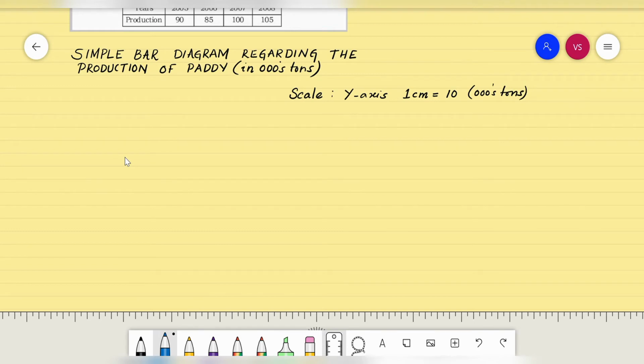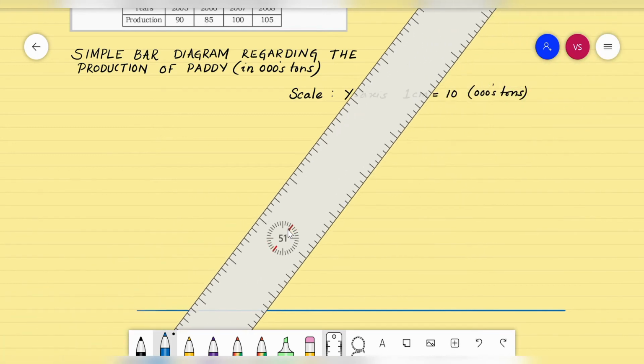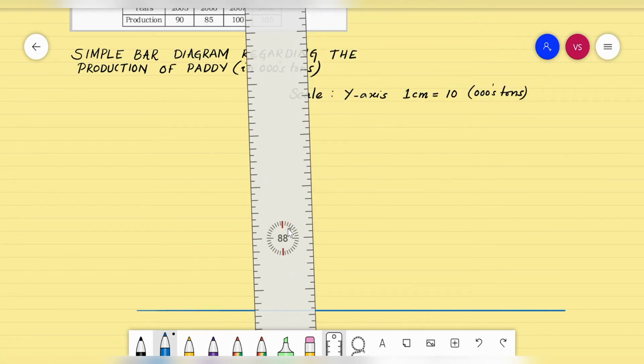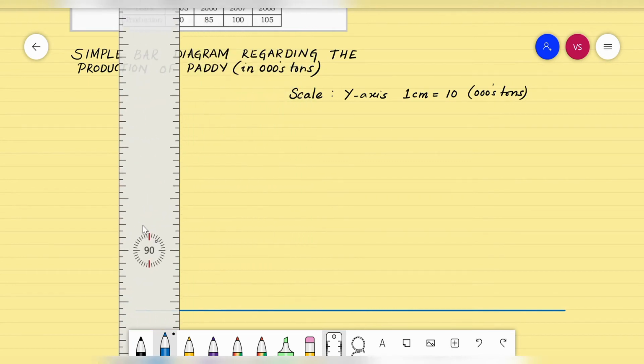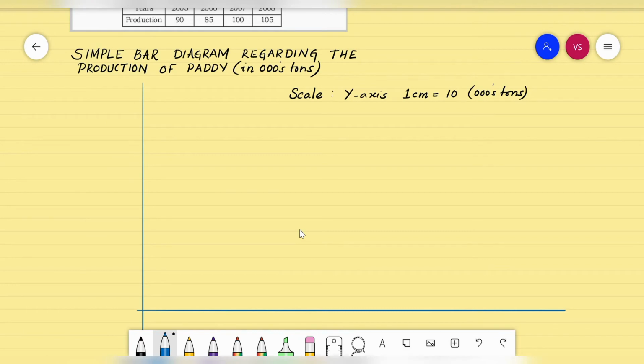The baseline will not have any scale, students, because this is all about erecting the bars. Now here we require the scale. I'll draw here, and this is the y-axis. I'll write it here. This is the y-axis.